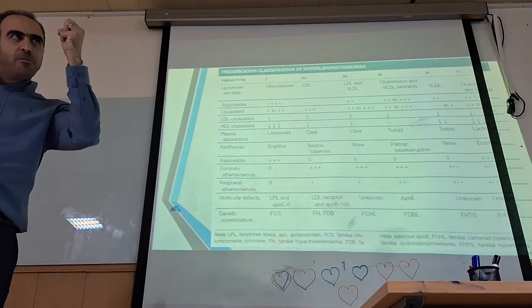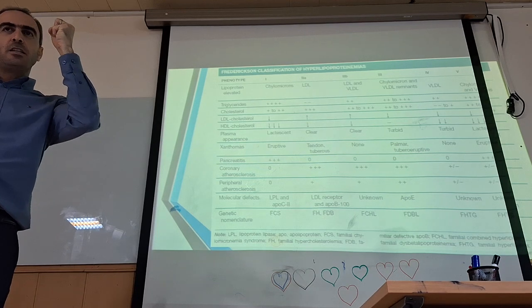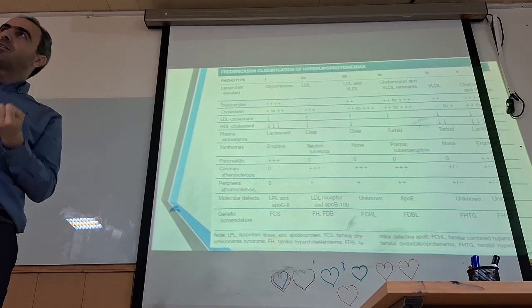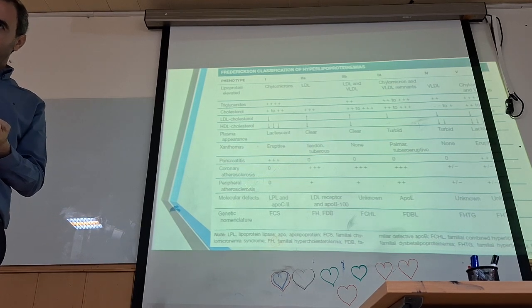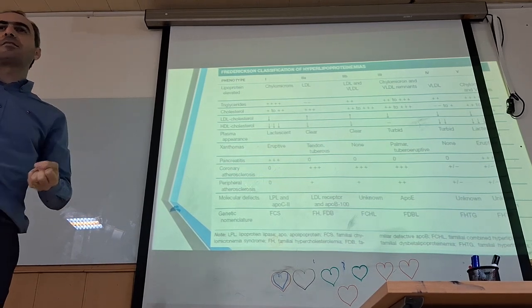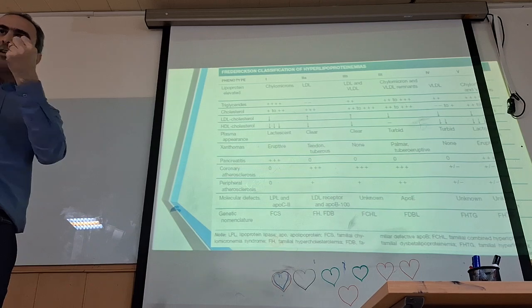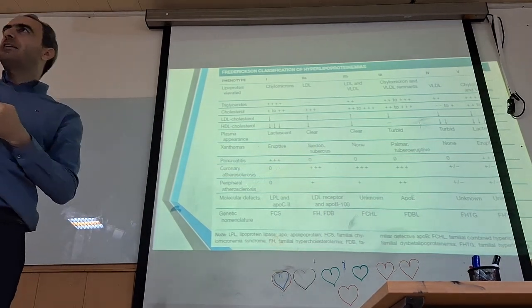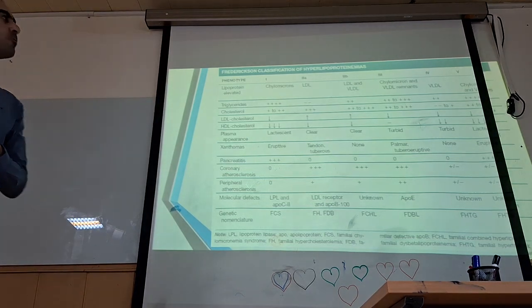If we have a deficiency or abnormality in the LDL receptor, again we can't take it up. So there are two reasons, maybe the ApoB mutation, maybe the LDL receptor mutation. Both lead to being unable to take up LDL, and LDL increases in the plasma.